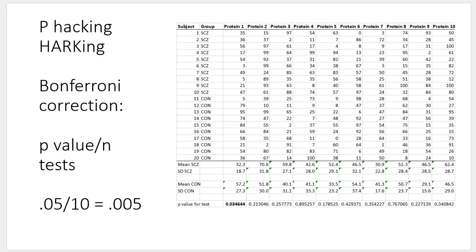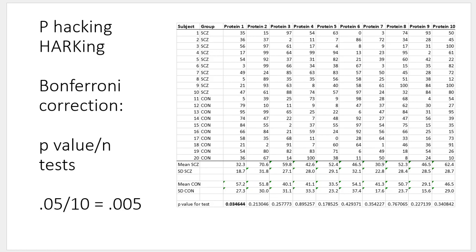They measure their 10 proteins, they do a t-test on each of them, they see that protein 1 is significant, and that's the one they publish. And that is referred to as p-hacking. And another offense is called HARKing, hypothesizing after the results are known.